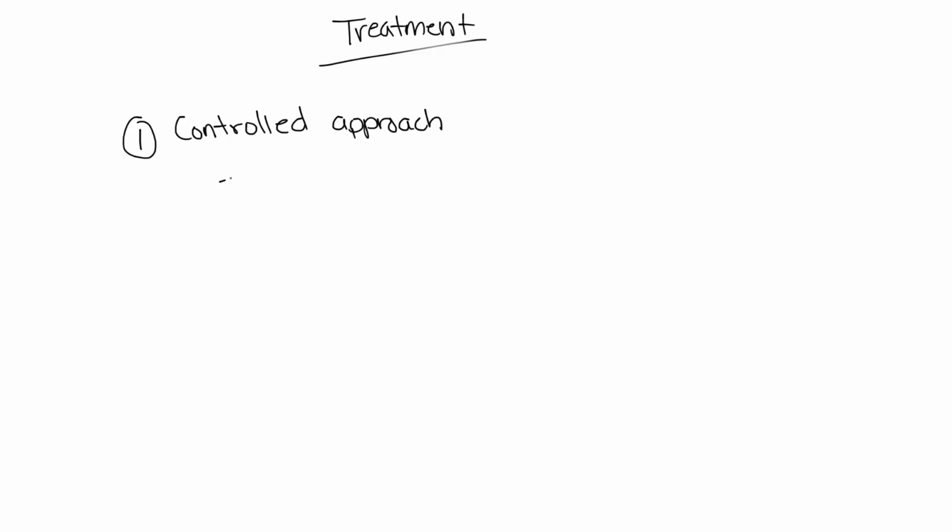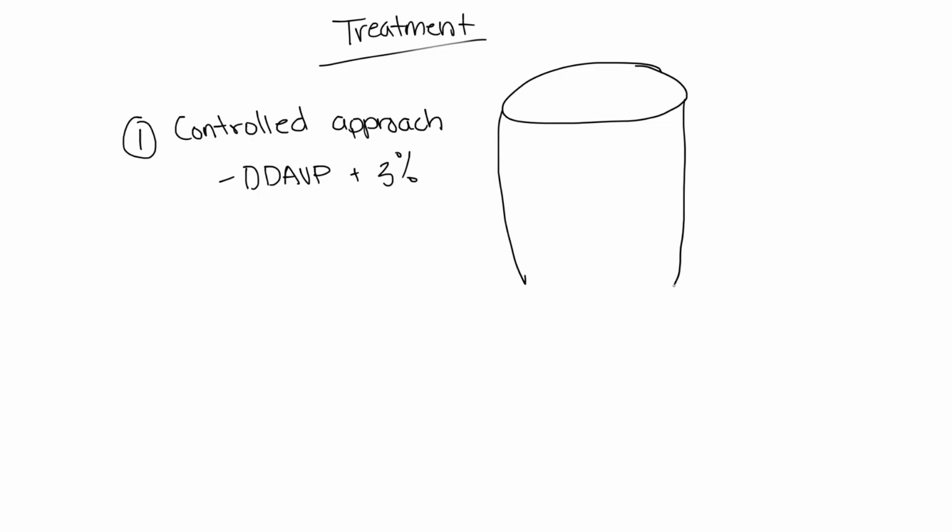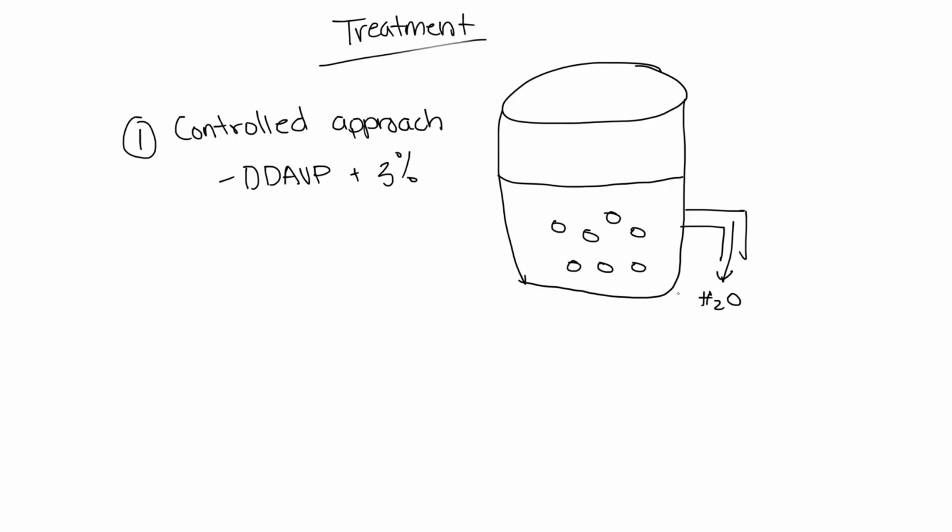So this is the DDAVP plus 3% method. So what is this method actually doing? Again, thinking about Edelman's equation, we are a ratio of salt and water in our body. And normally our goal is how can I pee out water and reconcentrate my sodium, okay?